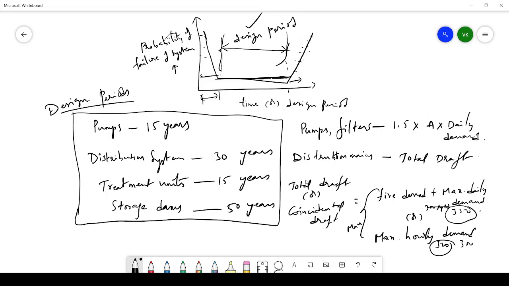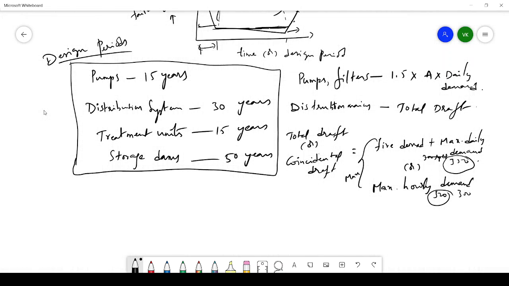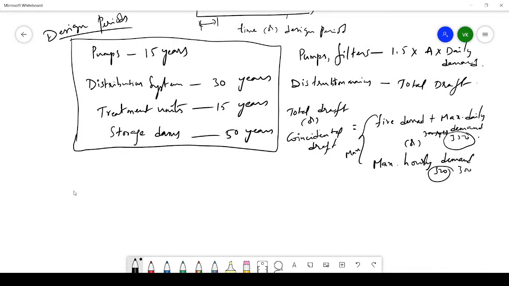This is a very important definition. Total draft is the maximum of either the sum of fire demand plus maximum daily demand, or maximum hourly demand. You have to take the highest value between these two. This is called total draft. So the distribution main should be designed for total draft.